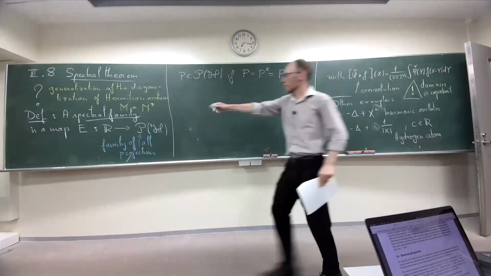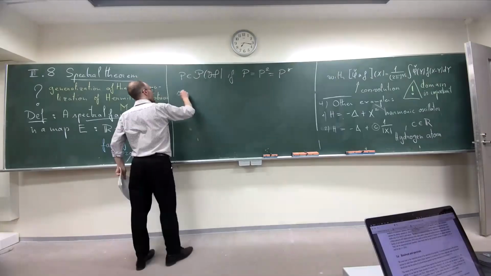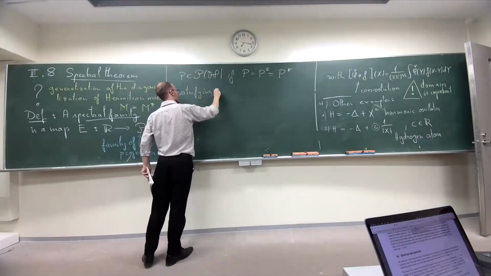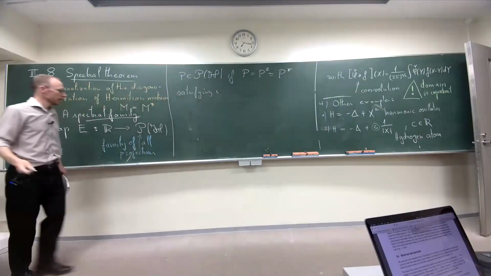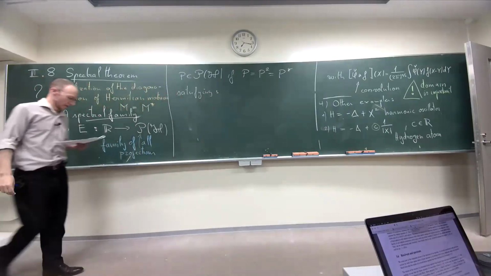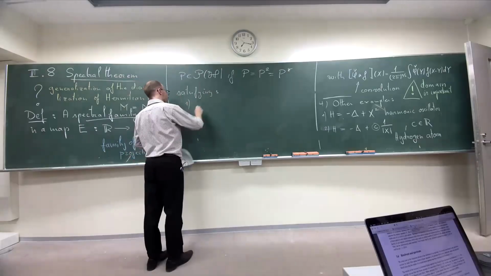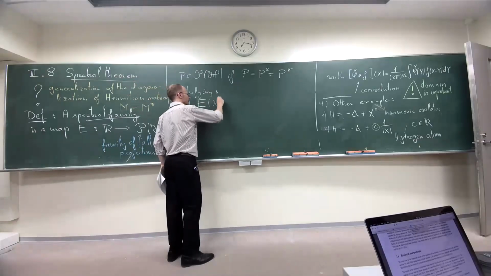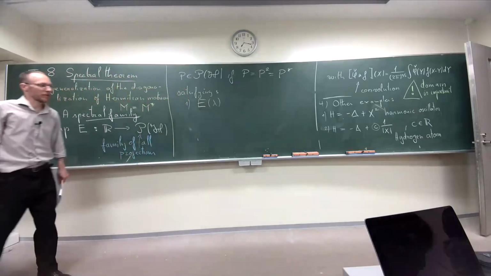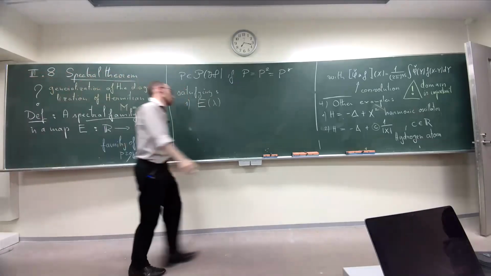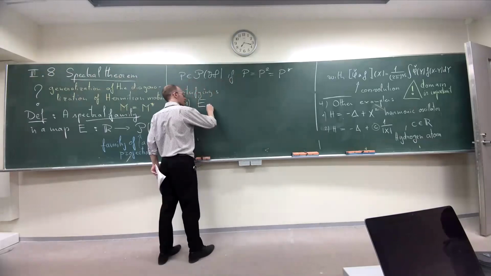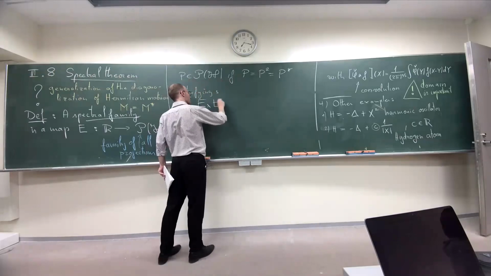So it's a map from the real line to this, satisfying three conditions. Normally a function I should write like this, E at lambda, for some, I guess, historical reason. This is not exactly how we write it. It's E lambda, E mu.